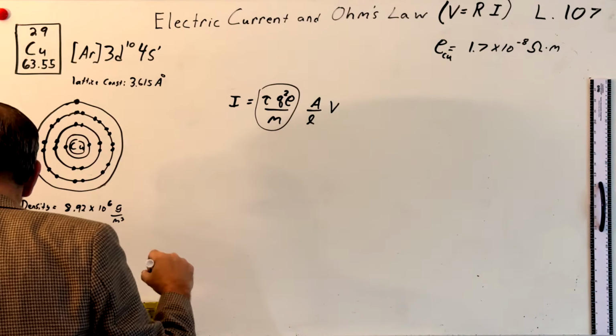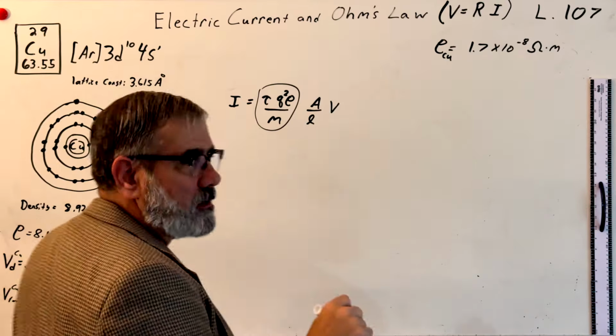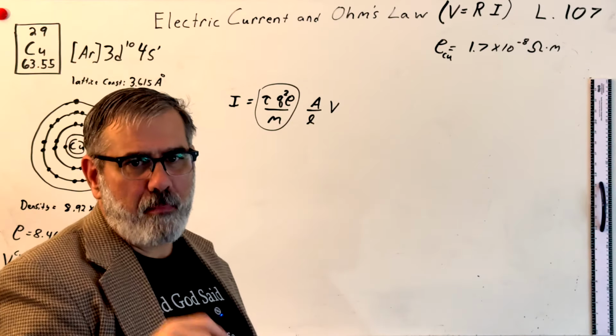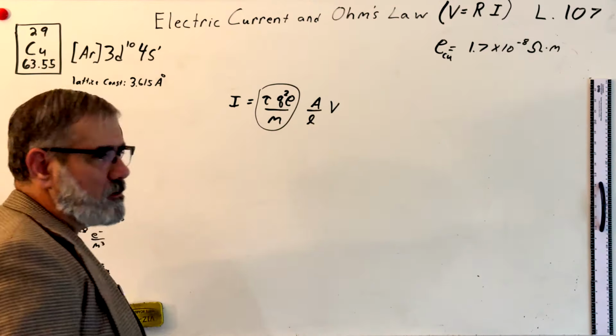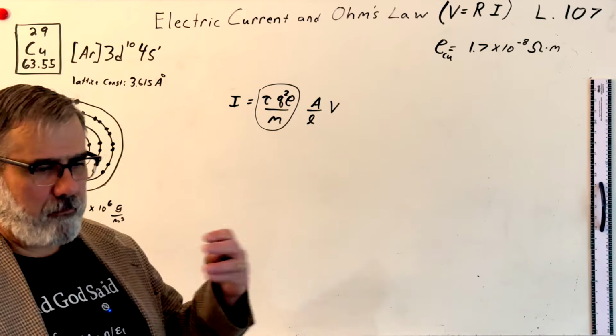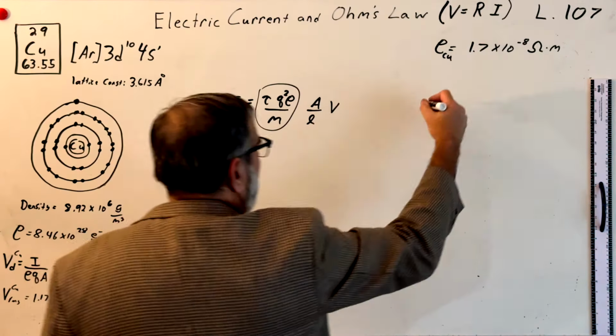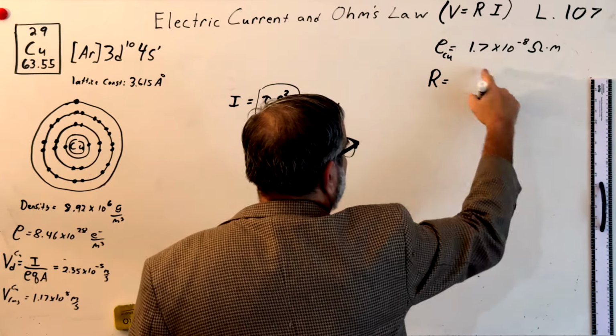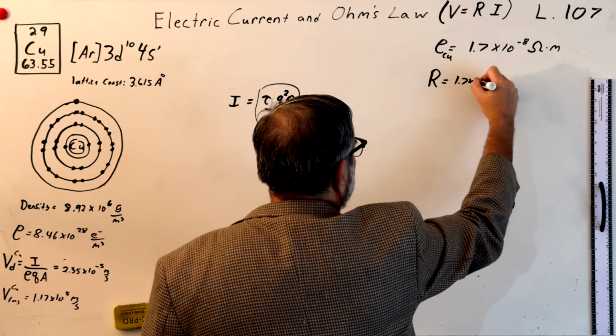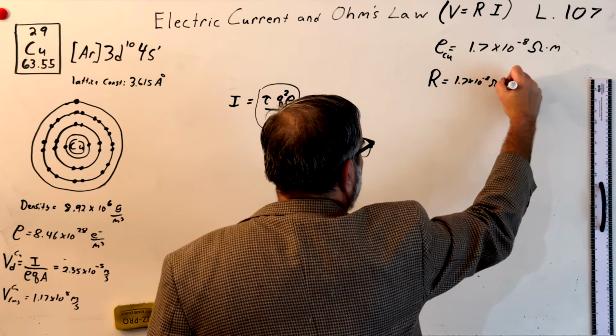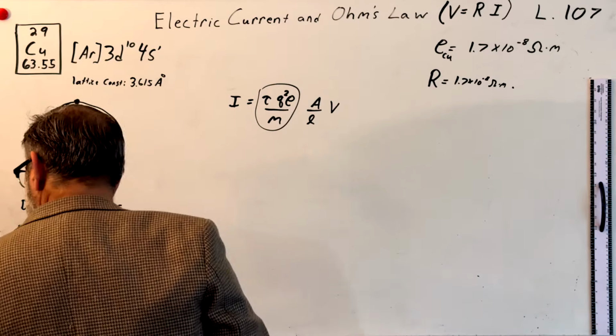And we're still using that 12-gauge wire, right? So that's a millimeter radius. It doesn't really matter what length we use. It's going to cancel out in the end, but we'll say we're going to use 1 meter of wire. So we can calculate what R is. R is going to be equal to this number, 1.7 times 10 to the minus 8 ohm meters times length over area.